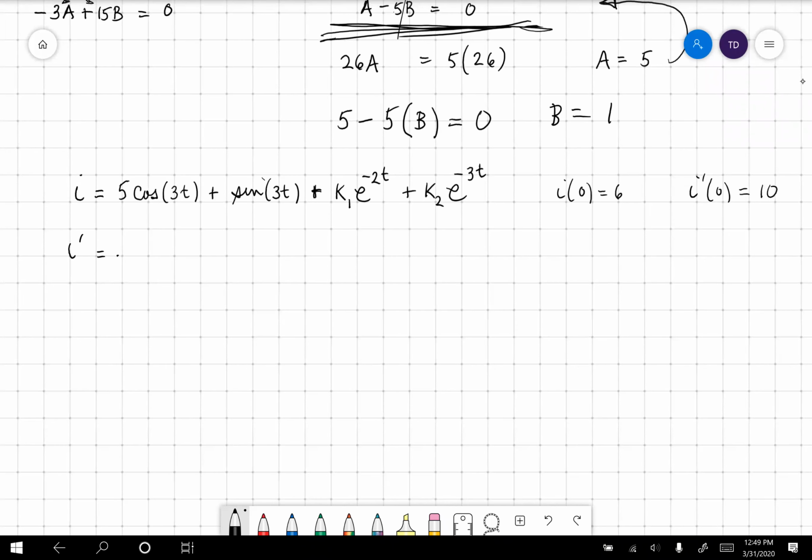That is going to be equal to minus 15 cosine of 3t plus 3 sine of 3t minus 2k1 e to the minus 2t minus 3k2 e to the minus 3t.